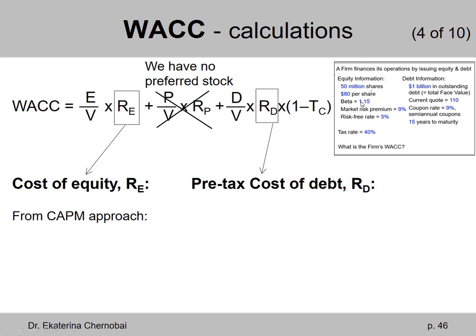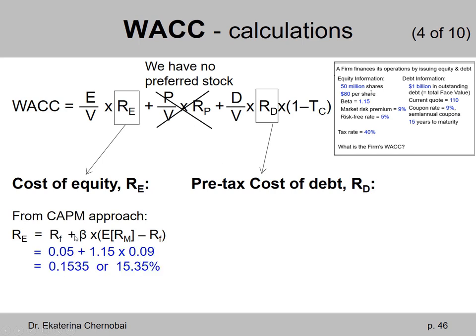Because we are given the beta, the market risk premium, and the risk-free rate, we can use the CAPM approach, the capital asset pricing model approach, which says to calculate the cost of equity, we take the risk-free rate and add the product of the beta and the difference between the expected return on the market portfolio and the risk-free rate. So let's plug in the numbers.